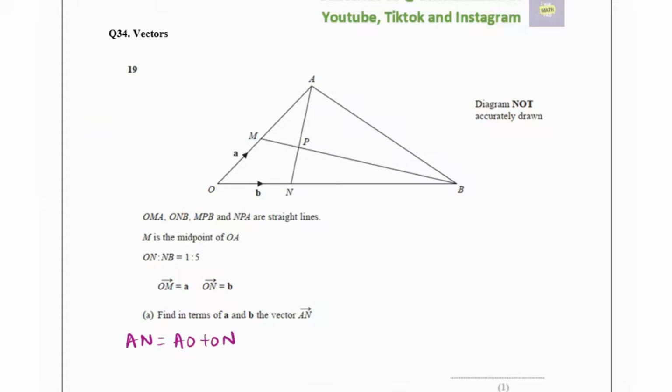Since M is the midpoint of OA, OA is going to be 2 times A, so that's 2A, and ON is already given. Since we're using AO, we change the direction, so it becomes negative 2A. Whenever you change the direction, it changes sign. So negative 2A plus B. That is your vector AN.